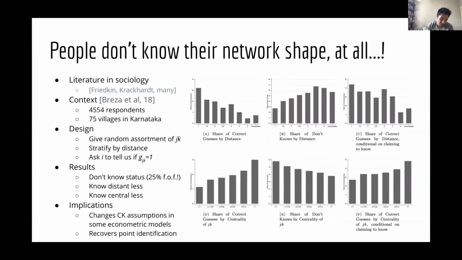Okay, finally. Since we're already a little bit at network formation, it's worth asking, do people know anything about the networks they're embedded in? There's a very nice literature in sociology on this. They've spent a lot of time looking at this in a variety of contexts. The best work there looks at whether people know the relationships between colleagues in their universities. So Emily Breza, Arun Chandrasekhar, and I looked at a couple thousand respondents in the same set of villages.